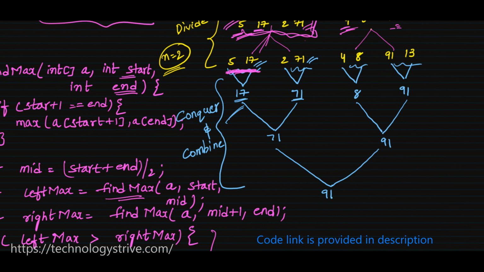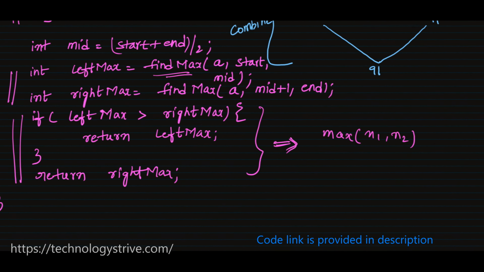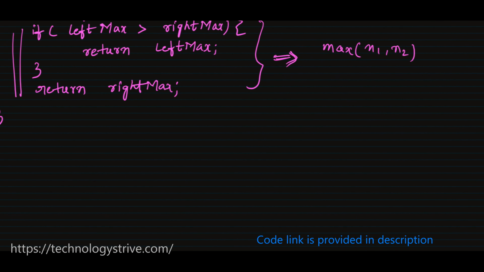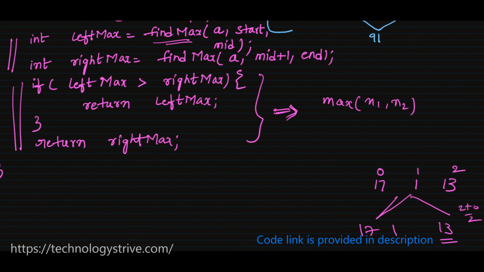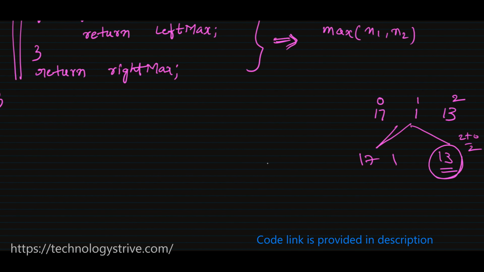But suppose the array is of odd size, for example size 3, with elements 17, 1 and then 13. So 2 plus 0 divided by 2 is 1. So this is going to be split into 17 comma 1 and then 13, right? If this is not the case, there can be a possibility that there is only one element in the array.